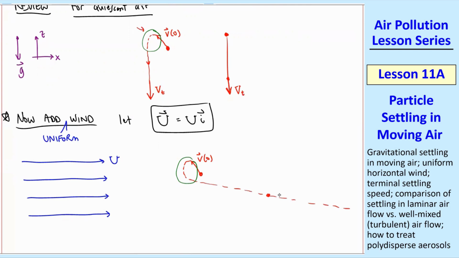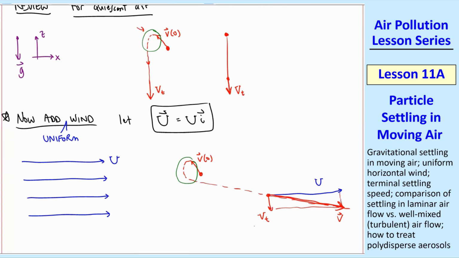If we take it at some later time, this particle will still be falling at vt, but it will also be moving at capital U to the right. So the resultant is just the vector sum of these two, complete the parallelogram. And so our little v is that vector there. It's just a superposition of capital U to the right and vt down. You can also imagine yourself as a camera moving with the wind.